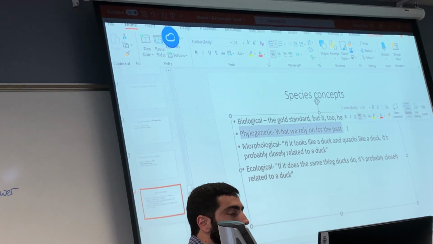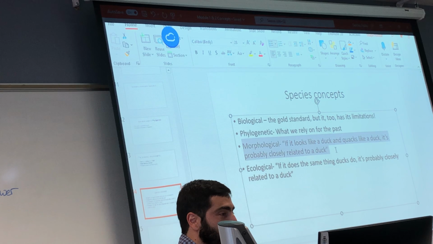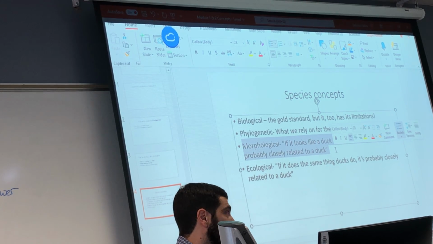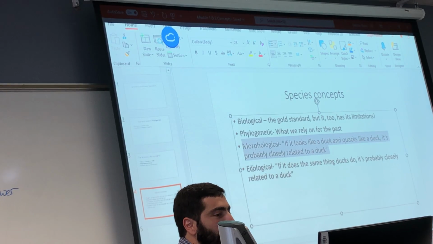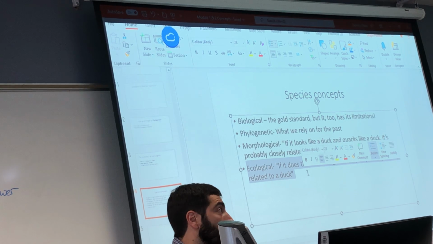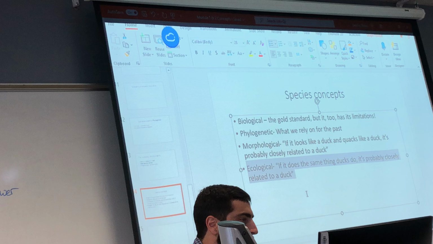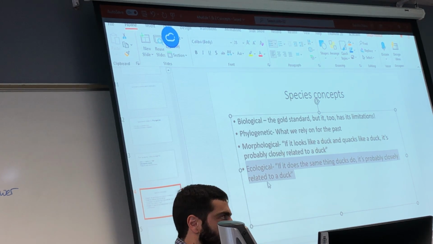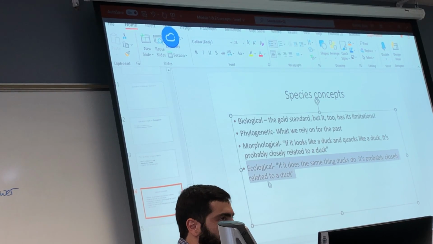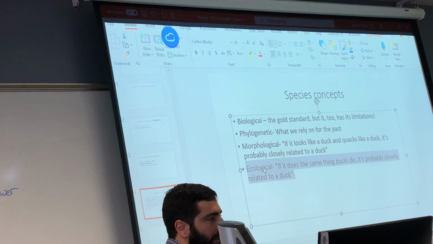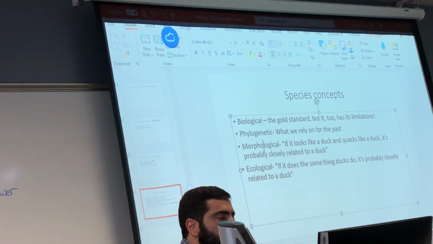Morphological and ecological. Morphological is like, how does it look? Do they look similar? And ecological is, what do they do? Do they function the same way in their environment? This is the least used. There aren't very many instances where this is applied. Okay.